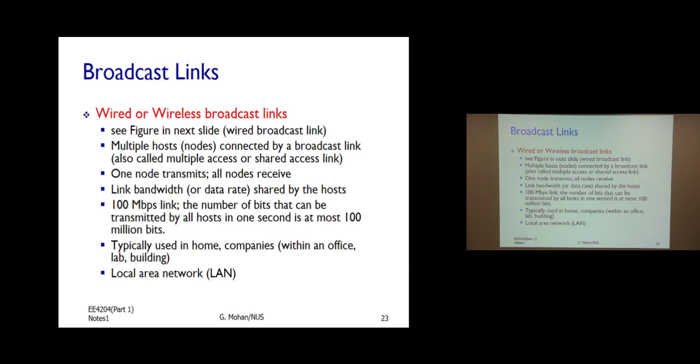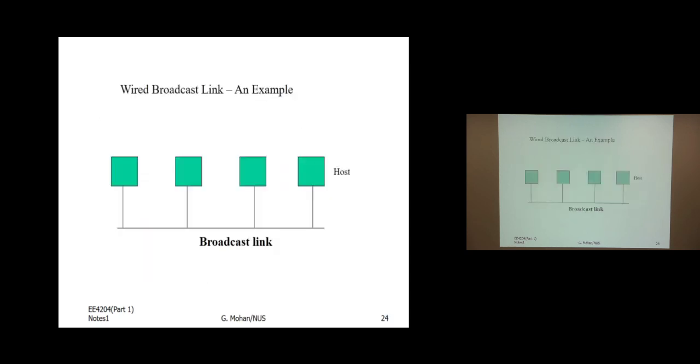There are two kinds of links: broadcast links and point-to-point links. What are those? How do we differentiate them? A broadcast link can be wired or wireless. Let's look at this figure. This is basically a wired broadcast link.